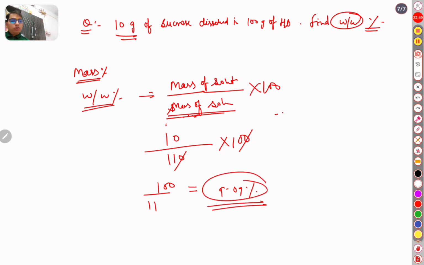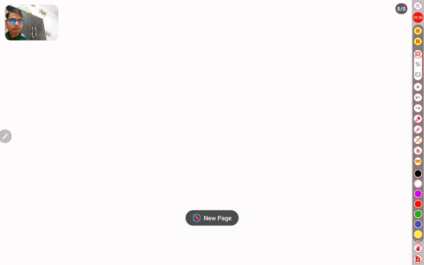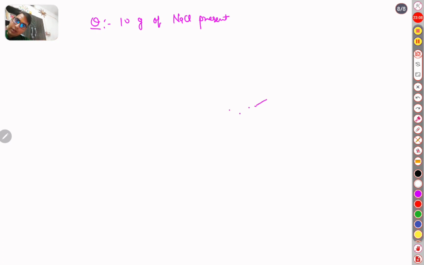One more question I am going to give you. You have to solve this one and write in the comment box. Question is: 10 gram of NaCl present in 100 ml of solution.